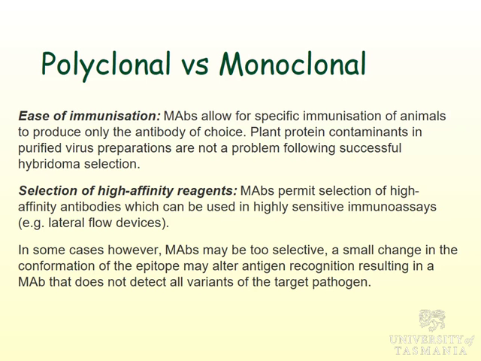Monoclonal antibodies are also really useful for high sensitivity, high affinity assays, such as lateral flow devices. What's the most common lateral flow device? Pregnancy test kit. You put your sample in and it runs through and you get 1 stripe or 2 stripes, you're pregnant or you're not pregnant.